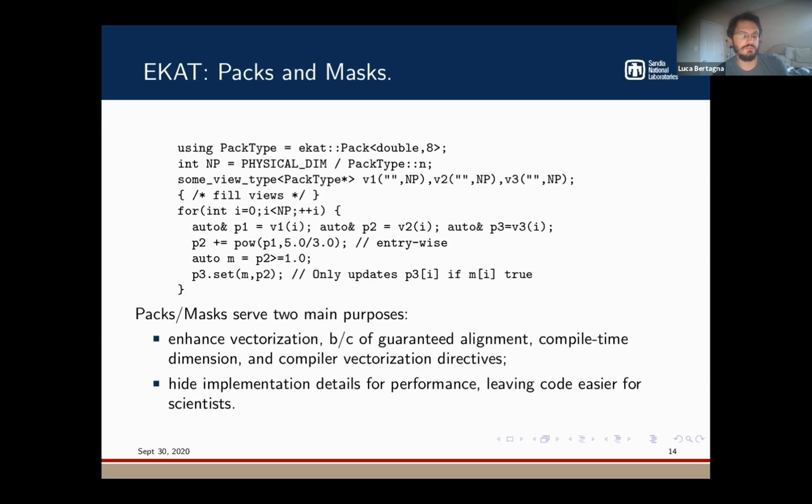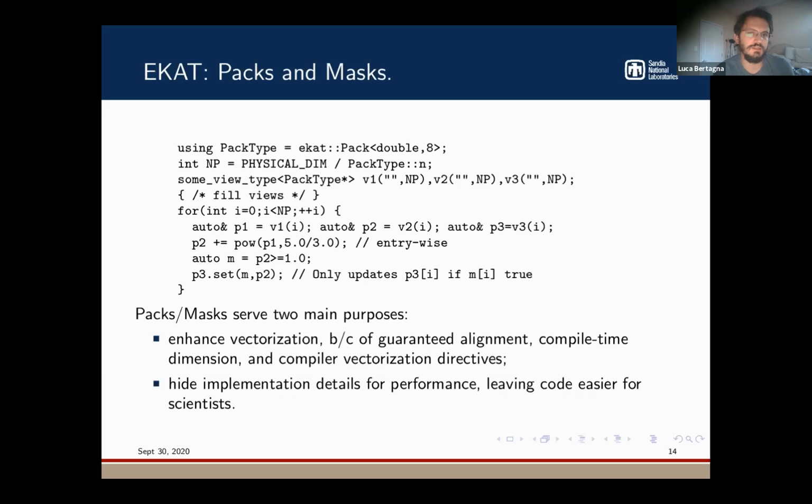So we developed, and it's not just us, several projects are doing this, a structure for SIMD, for vectorization. The structure has a compile time length, which is usually linked to the vector dimension of the CPU that you have, although it could be a multiple of that, and then overloads a bunch of operators.